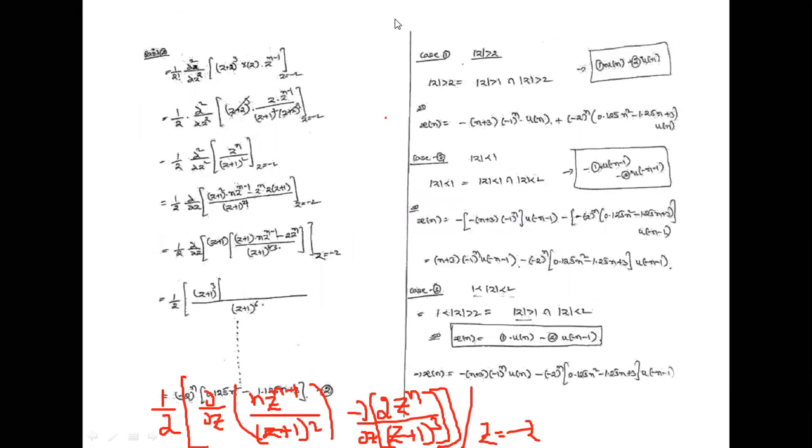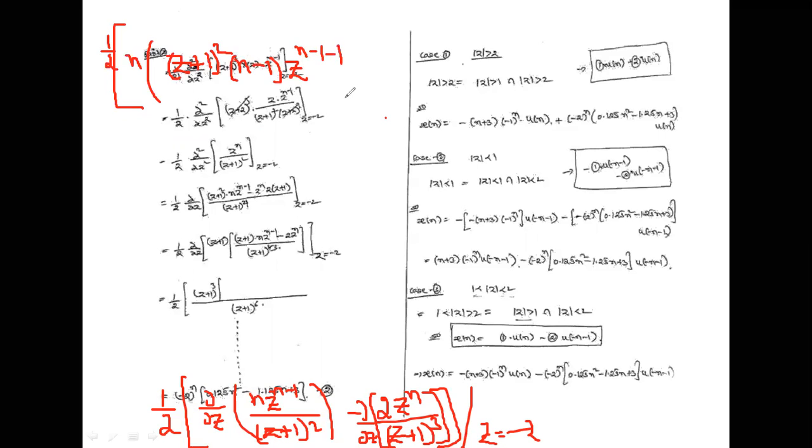See, first of all, if I am taking here ∂/∂z of 1/2 already there. ∂/∂z of this function: n into (z + 1)², and for this function (n − 1) multiplied with z^(n−1−1).